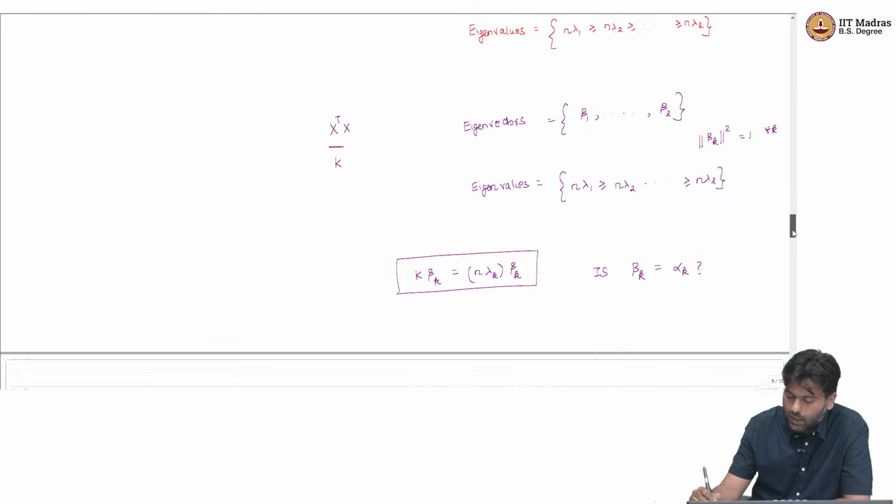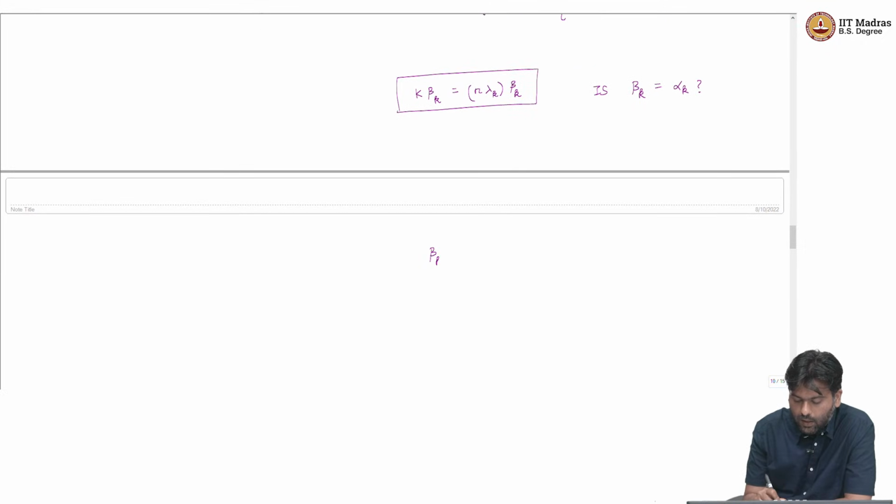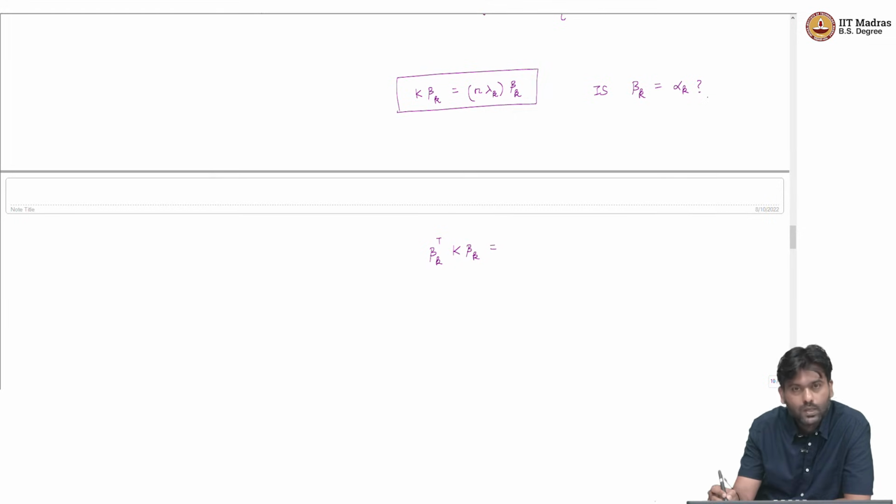So, now let us check with beta k. What is beta k transpose K beta k? If beta k was alpha k, then this has to be 1. But by virtue of the fact that beta k is an eigenvector of K, K beta k is n lambda k beta k.